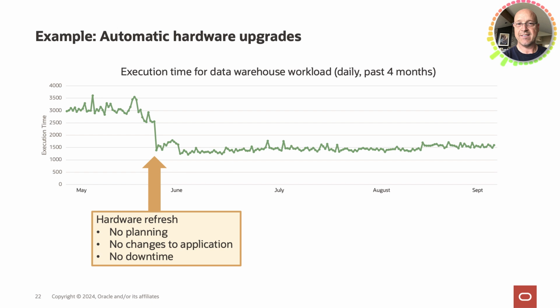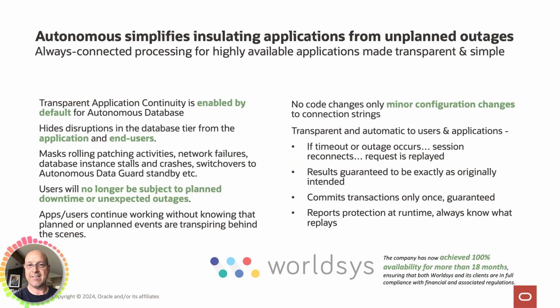So like an order of magnitude change in performance, and you just got it for free, right? You didn't have to plan it. A normal maintenance cycle happened, and you didn't take any downtime. You just got the benefit of that hardware upgrade, right? No work on your side. And that's the kind of thing you should expect from an autonomous database experience. And that's the way you would manage your database going forward.